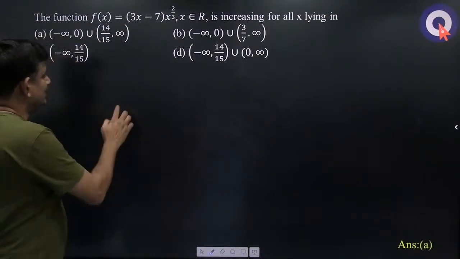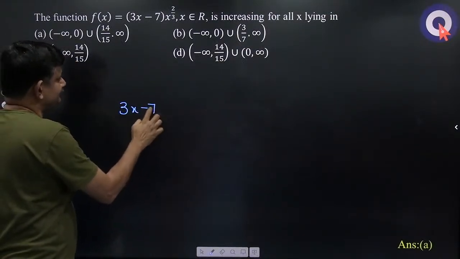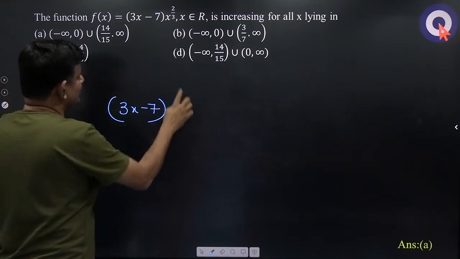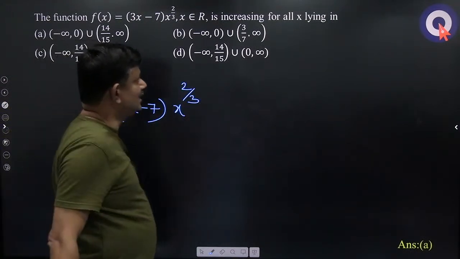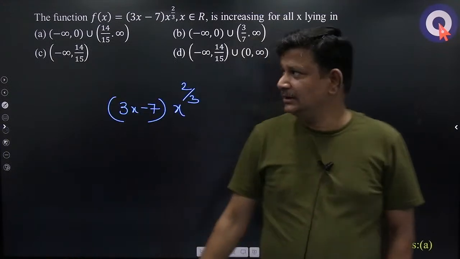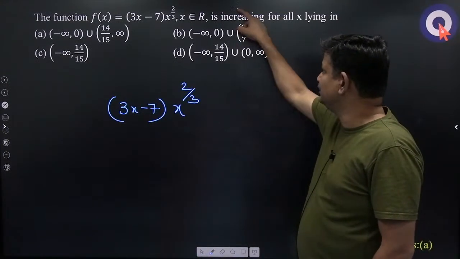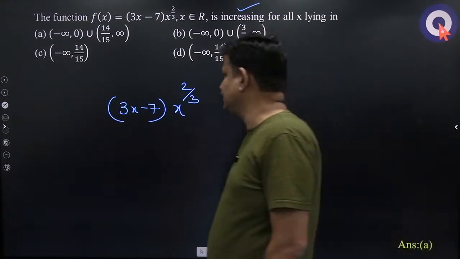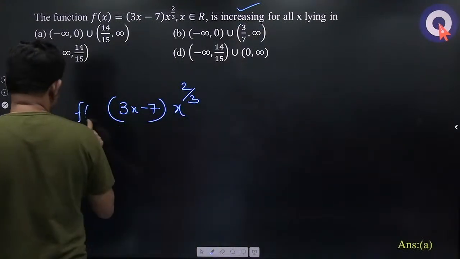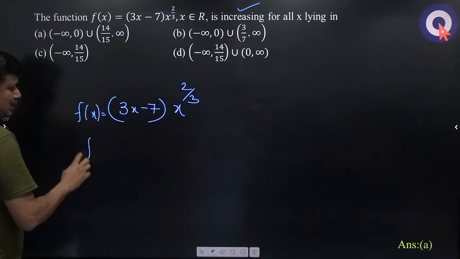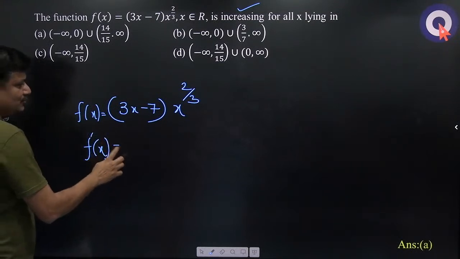This function 3x minus 7 into x power 2 by 3, he is asking you in which of the intervals is it an increasing function. So find f dash of x. What will be f dash of x? Apply the UV rule.